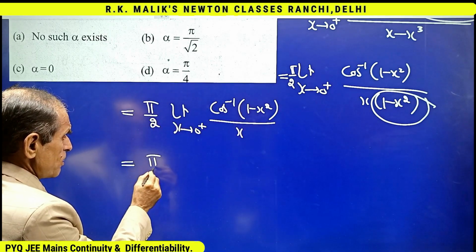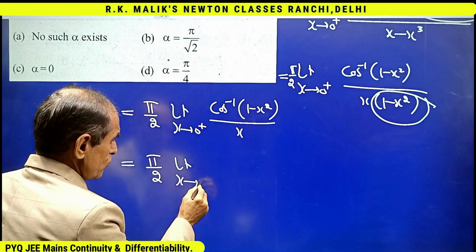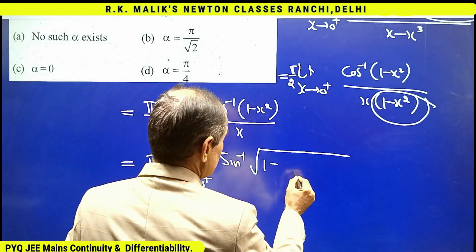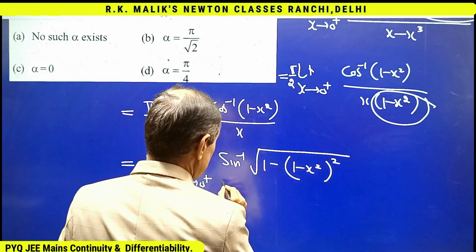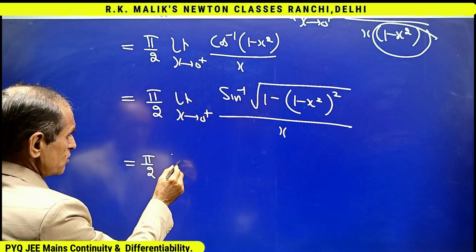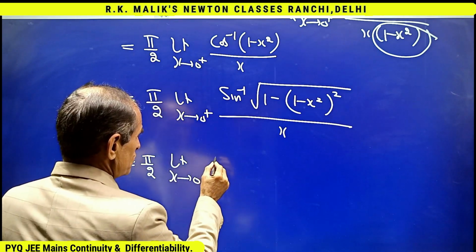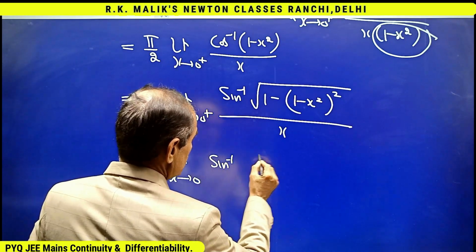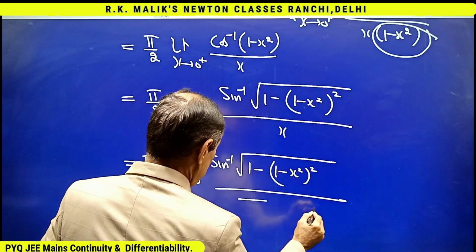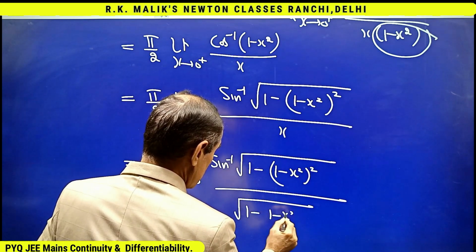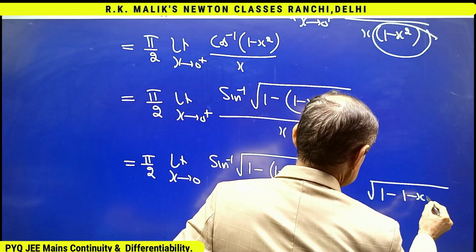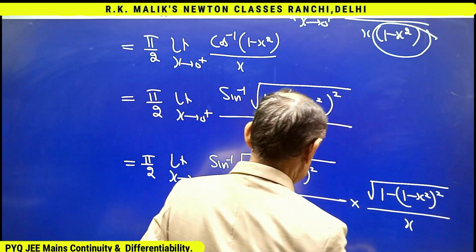That is, I get pi by 2 limit x tends to 0 plus sin inverse of under root 1 minus (1 minus x square) whole square upon x, that is pi by 2 limit x tends 0 sin inverse of under root 1 minus (1 minus x square) whole square upon under root 1 minus (1 minus x square) whole square into under root 1 minus (1 minus x square) whole square upon x.